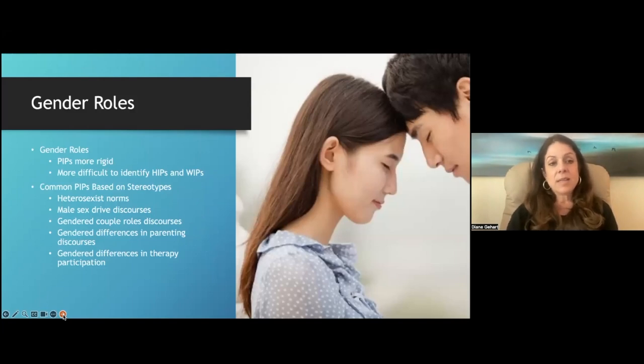So with gender roles, PIPs tend to become more rigid if the couple has very heterosexist gender roles, and they can be more difficult to identify oftentimes.